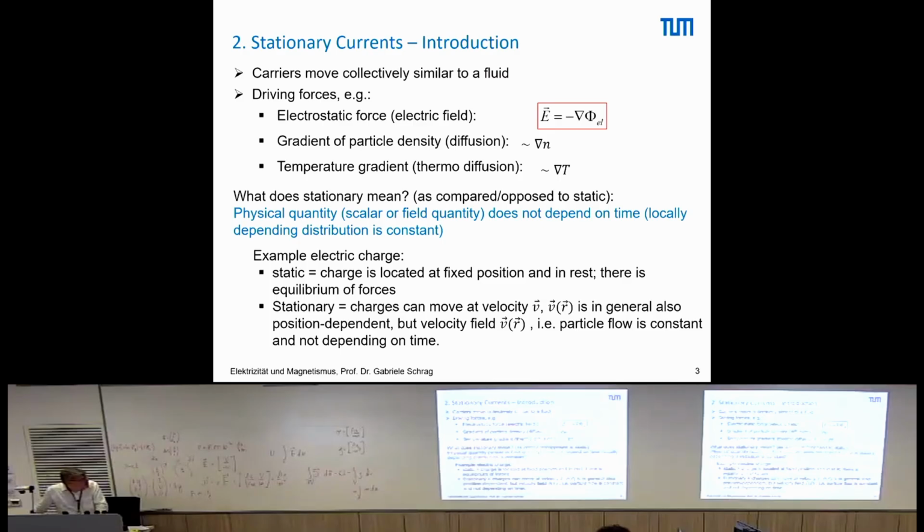Also, you can have the particle density itself being a driving force, because if you have carriers and they are not homogeneously distributed, then they will also start to flow based on that.